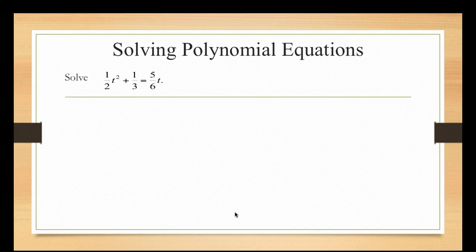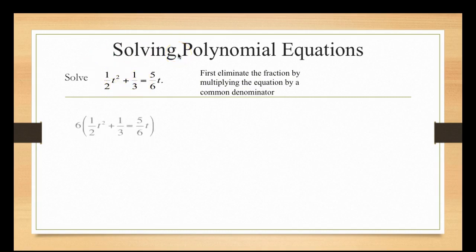In this situation, I want to eliminate my fraction. To do this, I'm going to multiply my entire equation, that's every single term, by the common denominator, which in this case is 6.